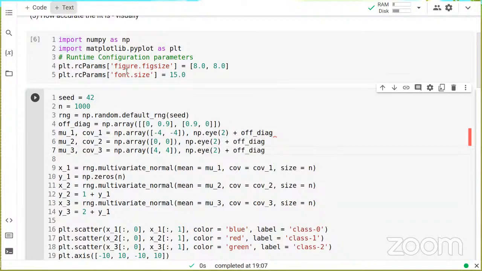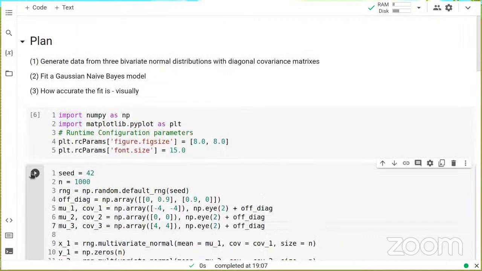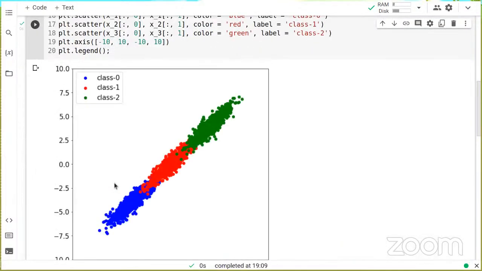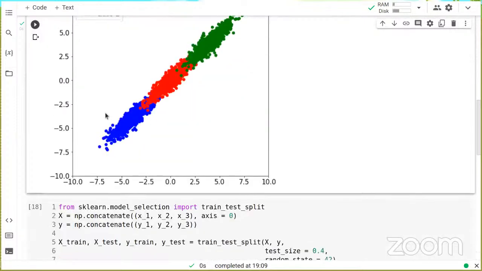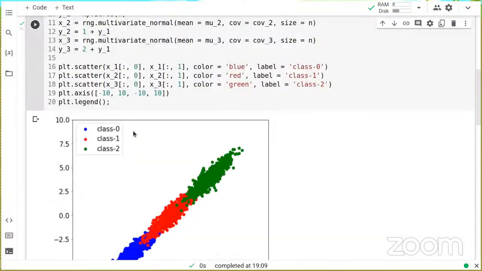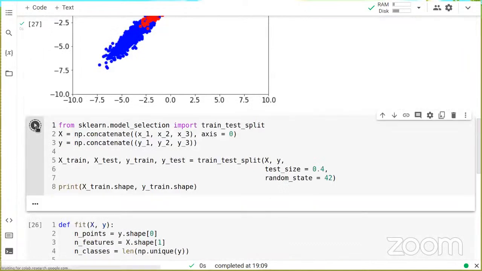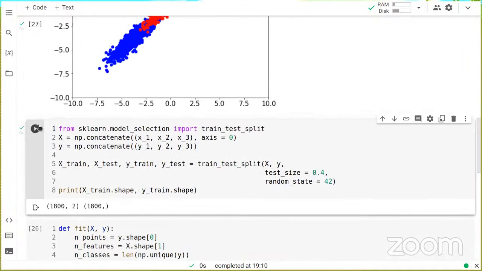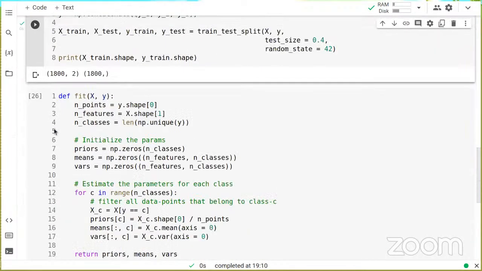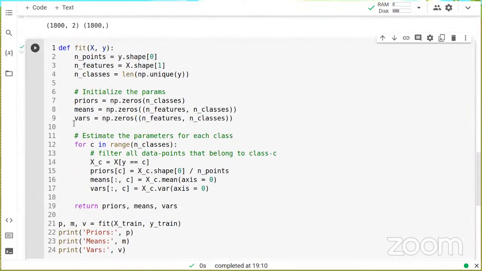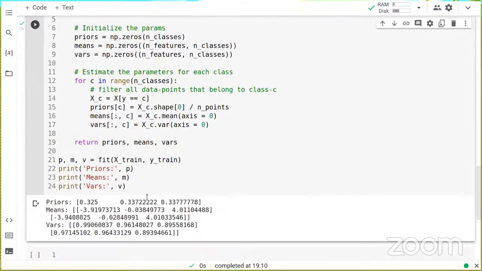Okay, so you have this very nice linear correlation between these two features. They are very well correlated, not at all independent given the class. Now if you fit, it will run properly, there'll be no problem there.